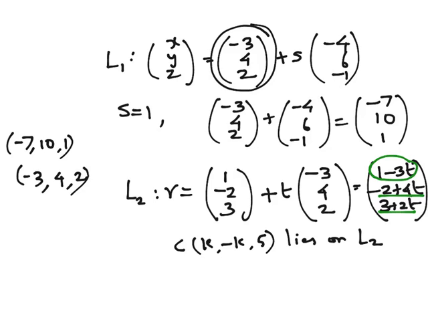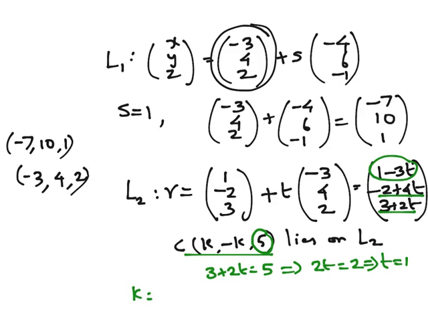Since C lies on L2, the z coordinate is 5. So 3 plus 2t equals 5, which means 2t equals 2, so t equals 1. Therefore k is the x coordinate, 1 minus 3t, so 1 minus 3, which is minus 2. So the value of k is minus 2. But the question is to find the coordinates of C. So the coordinates of C are minus 2, plus 2 and 5. Okay. Finally, the last part of the question.